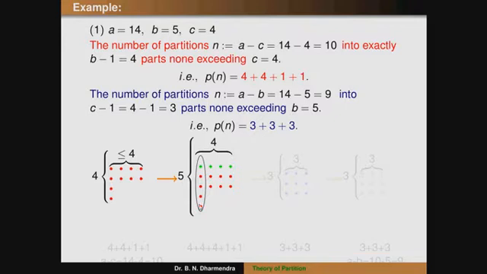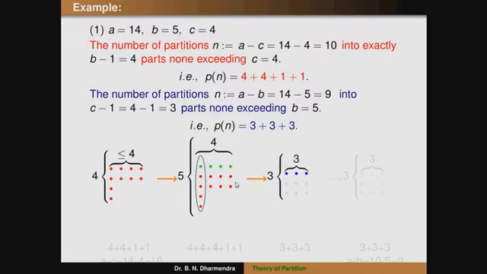When I delete the first column, the number of rows is less than or equal to b, and the number of columns is 4 minus 1, that is c minus 1. So that can be written as 3 here, that is the number of rows is 3, that is 3 plus 3 plus 3 here.